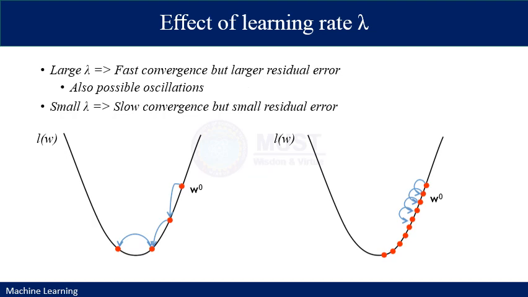For example, your weights may jump from here to here if you have a very high learning rate and back to here, etc. So there will be problems in managing oscillations and errors. On the other hand, if you set a small learning rate, the convergence will be slow.